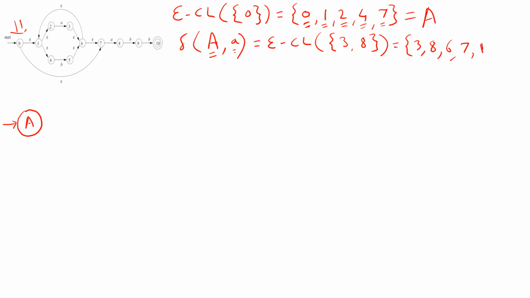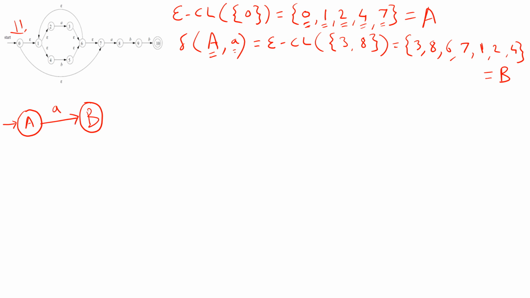From 7, no epsilon transition. From 1, we have epsilon transitions to 2 and 4, right? So this is your epsilon closure. Let's name it B. So on input symbol A, from state A, I go to state B.